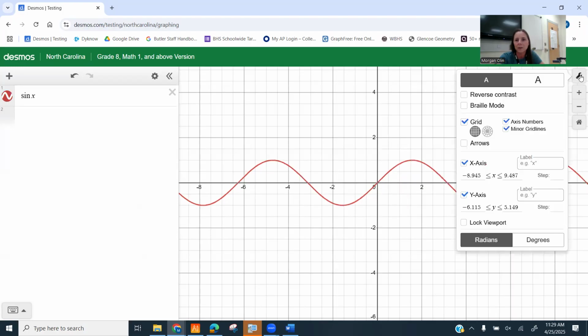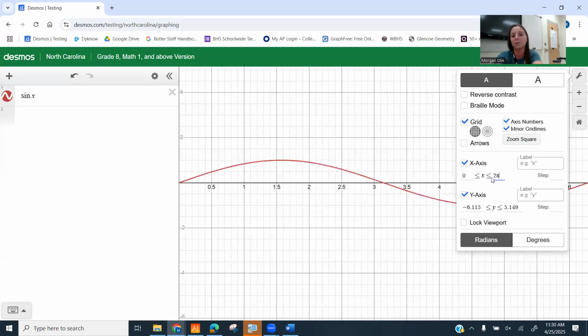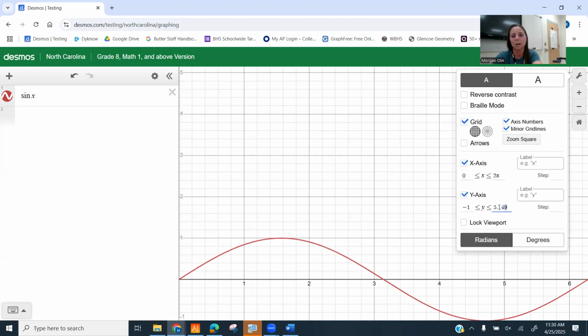So what if I zoom in? I can change my settings, 0 to 2 pi, and my height is -1 to 1.